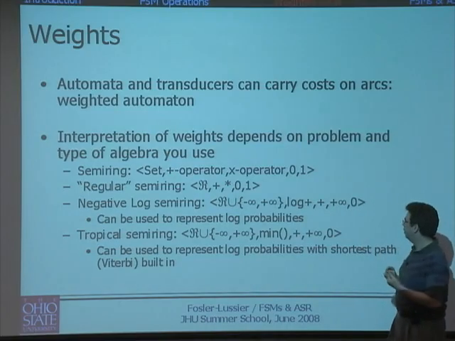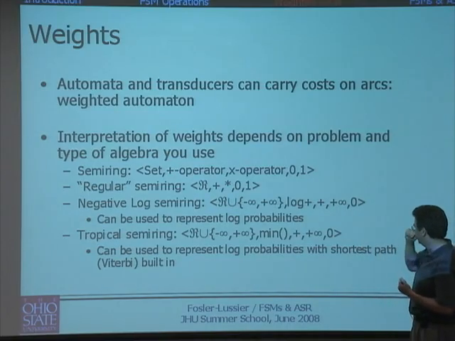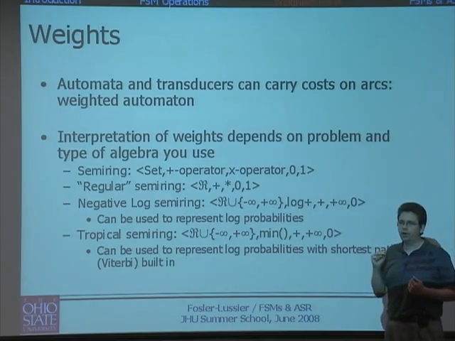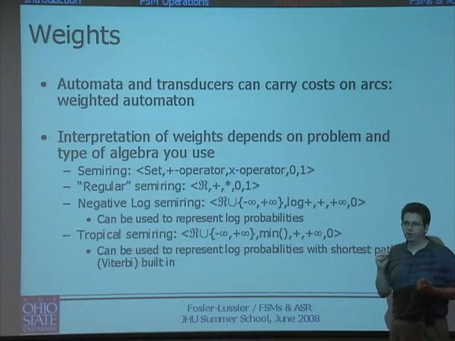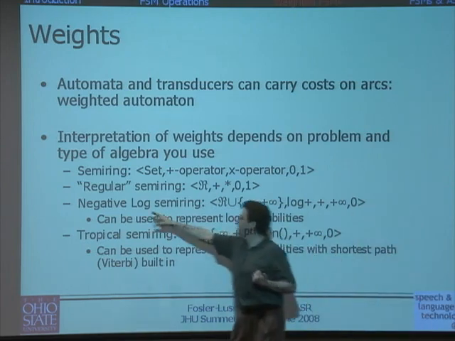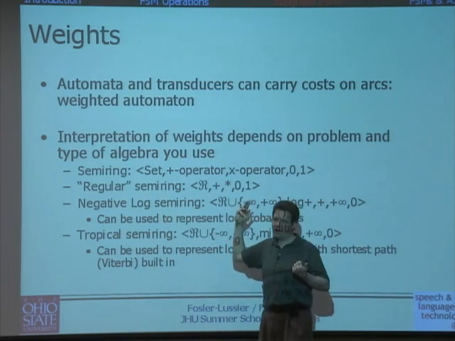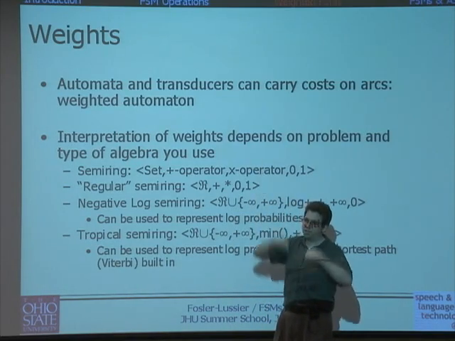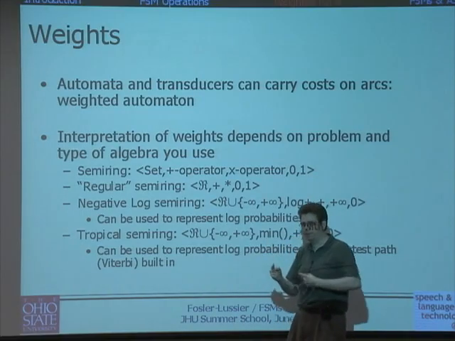In particular, positive infinity is really important, because what you want is some representation for the log of 0. The log of 0 is actually negative infinity, and what we're going to do is take the negative of that and make it positive infinity. Why? Well, what we're going to want is something that will be least cost. And so we want the biggest numbers to actually be the smallest. So we take the negative of the log.